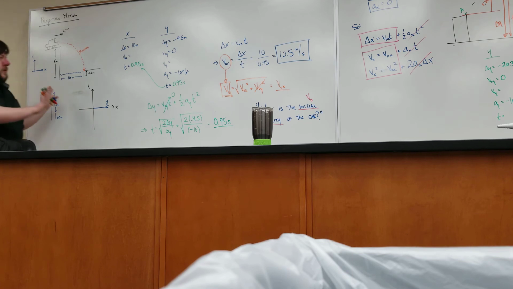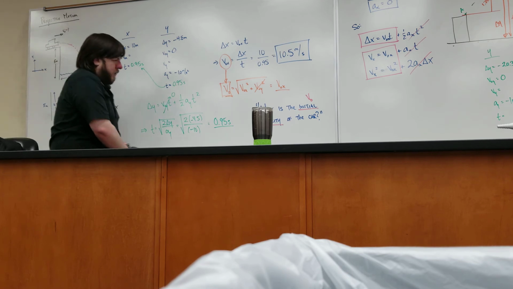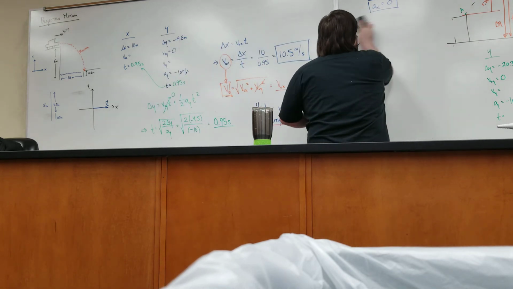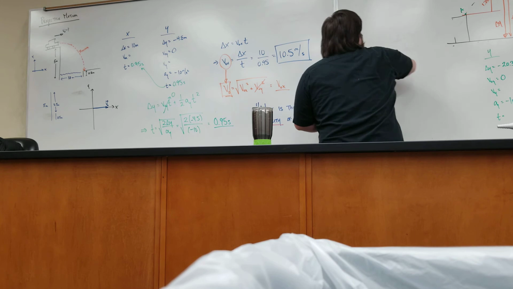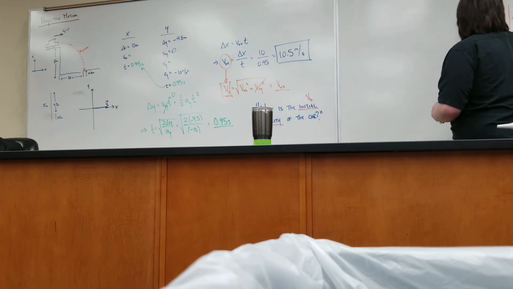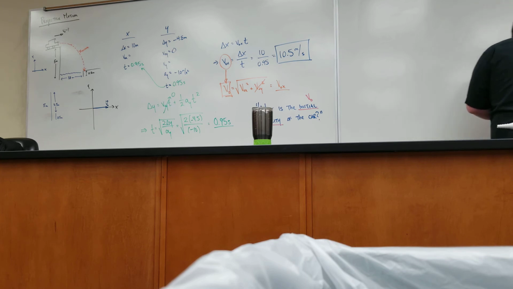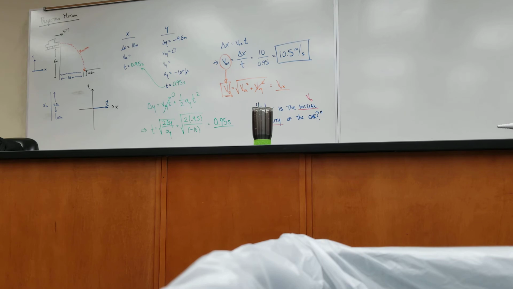All right, so that's it for chapter 4, which is motion in 2 dimensions. If you look in your textbook, most of chapter 4 is going to be the definitions of displacement and velocity and speed and acceleration, and all those definitions, we did in chapter 2.